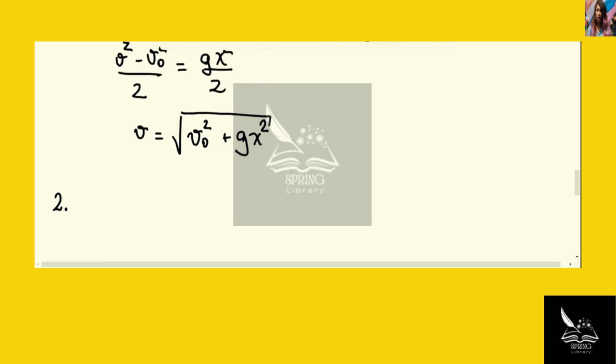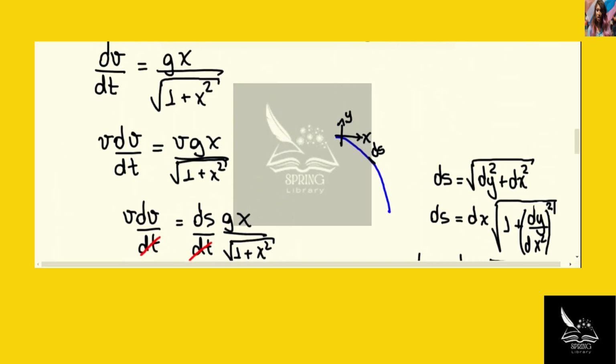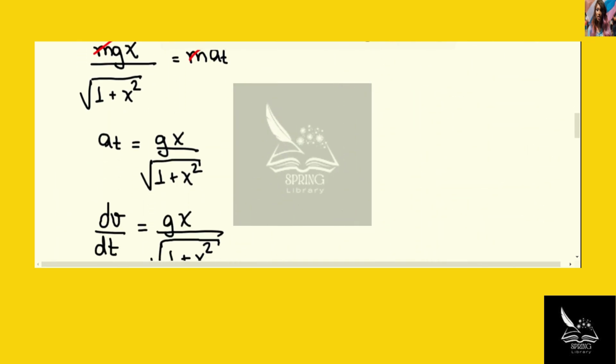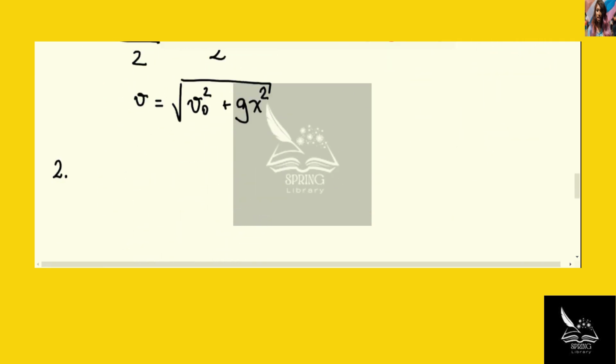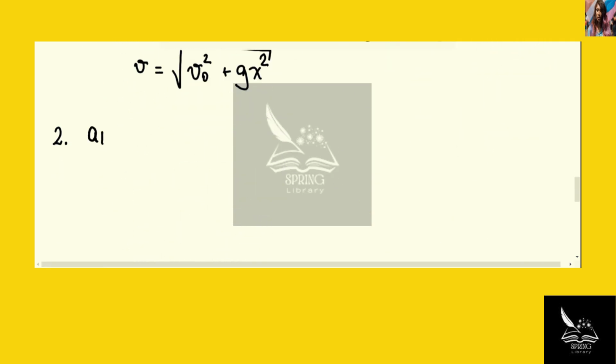That's the first thing we need to find. And we need to find also the tangential acceleration, that actually we've already found. It's this one here, so I'm just going to copy it. So we have the tangential acceleration is gx divided by the square root of 1 plus x squared.